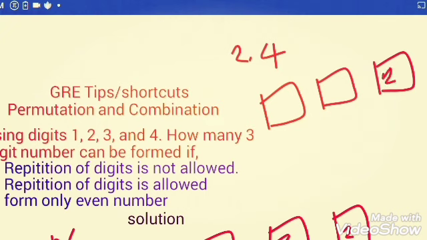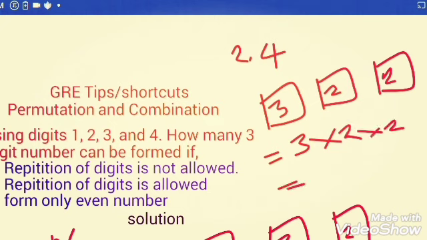For the first box, anyone can start, but I've already used one, so I have 3 left. Now for the middle, I have 2 left. So my answer becomes 3 times 2 times 2. 3 times 2 is 6, 6 times 2 is 12. So we can form 12 even numbers from that combination.